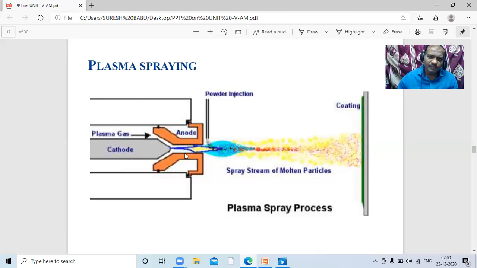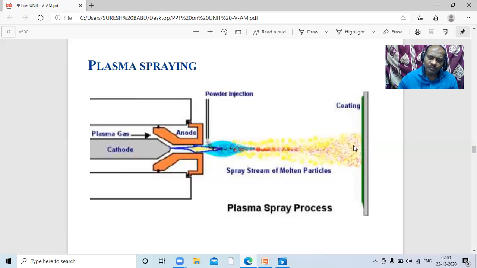That is, when the energy rays come with the cathode and anode, and along with that the plasma gas is sent, due to the small aperture the plasma gas tries to come out through this setting. At the same time, powder comes from here, and these combined hit this workpiece, and thereby the deposit happens.